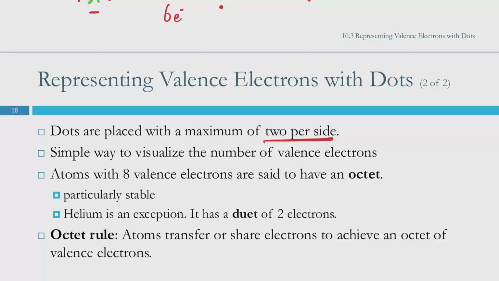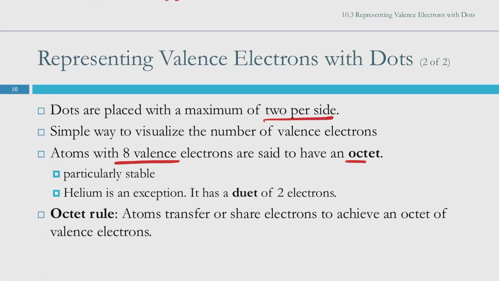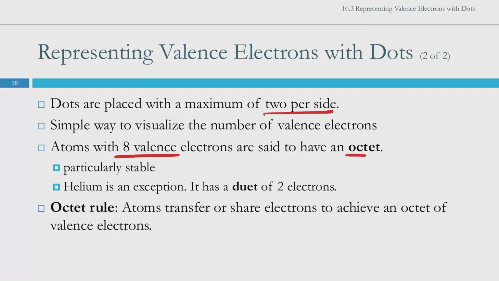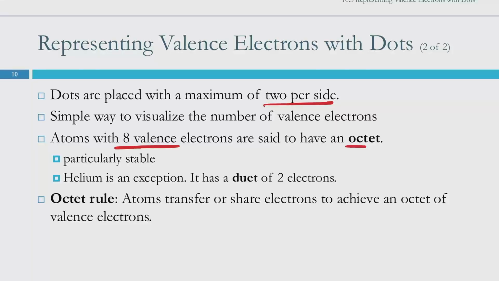If we have atoms with 8 valence electrons, we call that an octet. So 8 valence electrons is an octet. Oct being our prefix for 8, like in octopus or octagon. And these are particularly stable. Octet is generally the goal for all of our atoms. All of our atoms want to have an octet, except for things like helium, which is a duet of 2 electrons. Hydrogen also likes to have a duet of electrons.